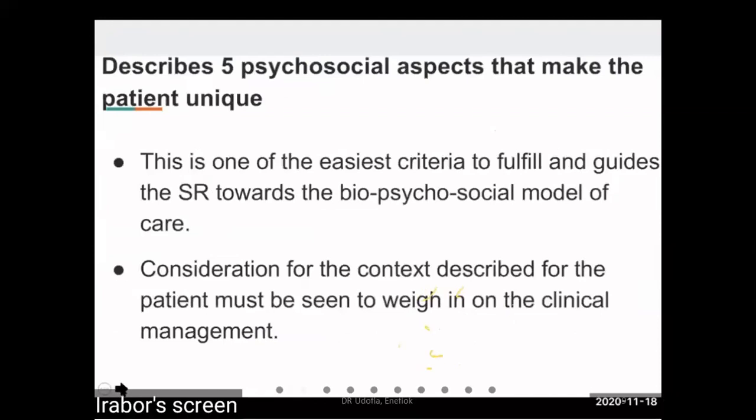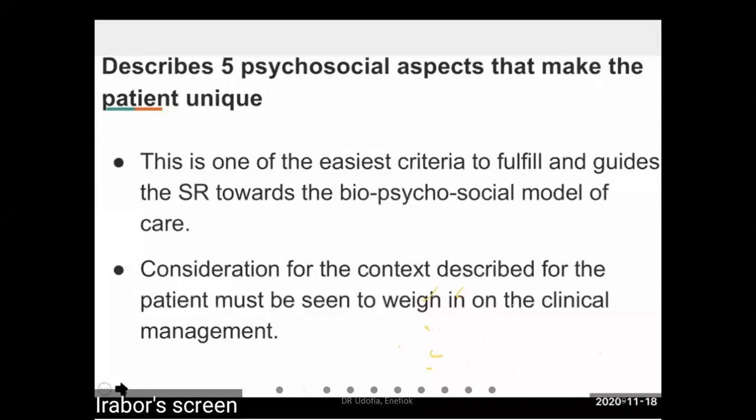Psychological aspect that is unique. About all this we have presented thus far is that every resident must always be fully guided towards the biopsychosocial model of care. That's the most important thing.